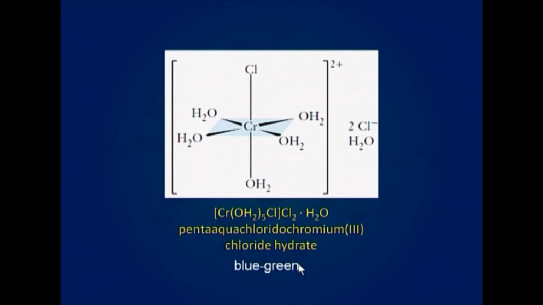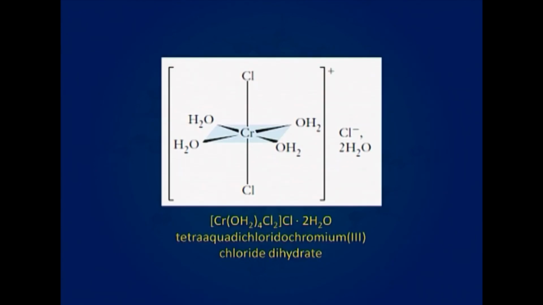You can see 2 chlorides and 1 water molecule are outside the coordination sphere. And in tetraaquadichloridochromium(III) chloride dihydrate, 1 chloride and 2 water molecules are outside the coordination sphere. Hence, these 3 are hydrate or solvate isomers.